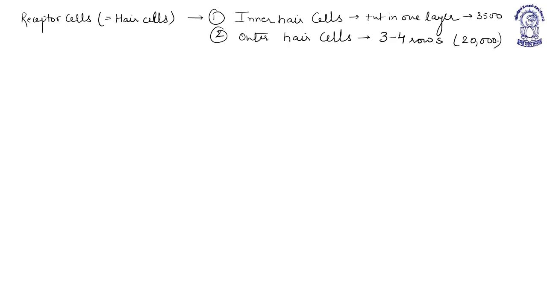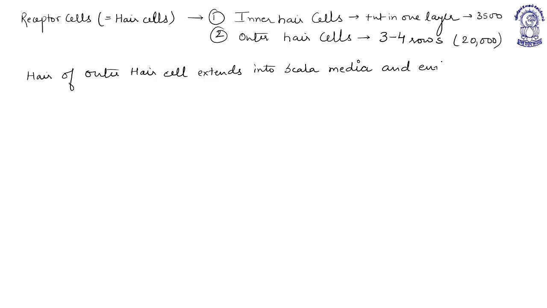The hair of the outer hair cells extends into scala media and is embedded in the roof-like tectorial membrane.